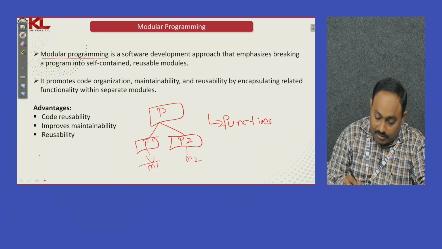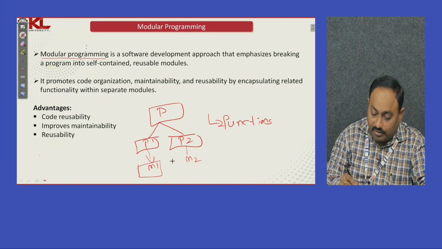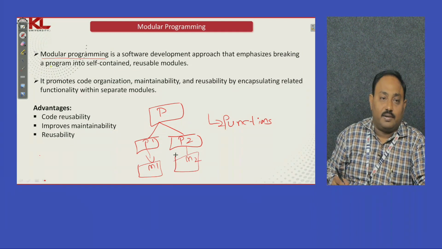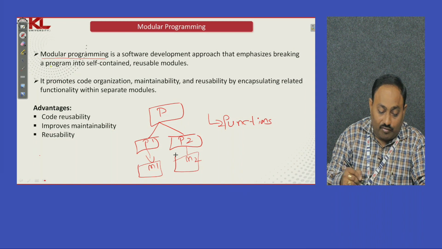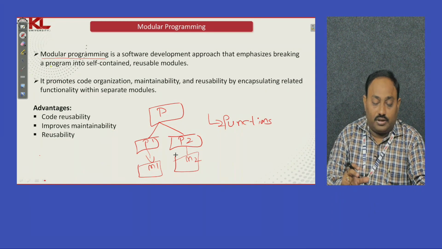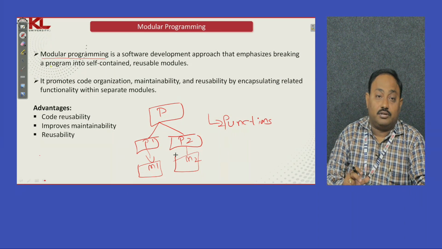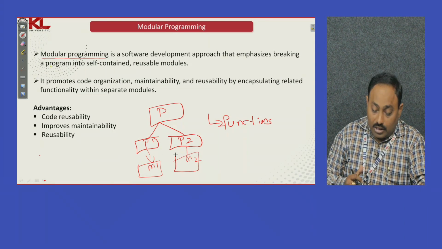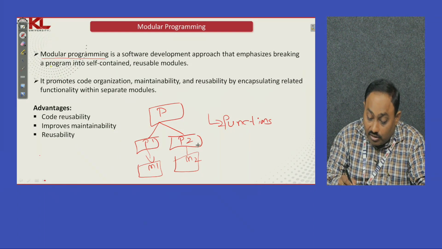I can say module 1 is one self-contained unit and module 2 is another self-contained unit. Because of this, we can organize the code very well, maintain the code well, and it can also improve the reusability of the code.